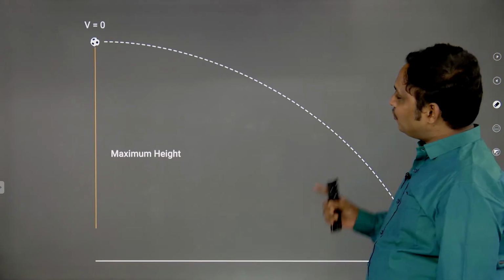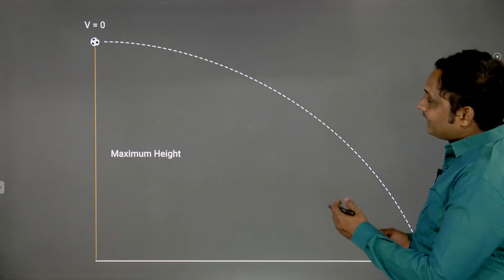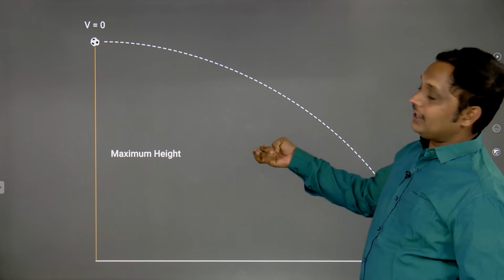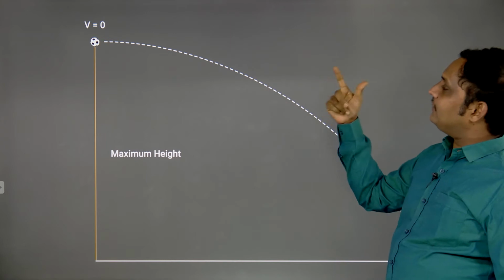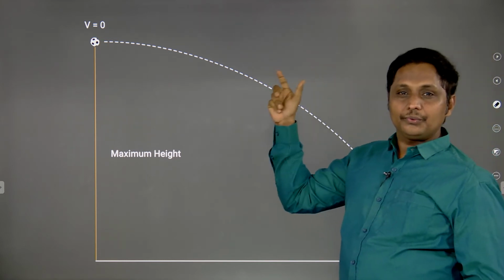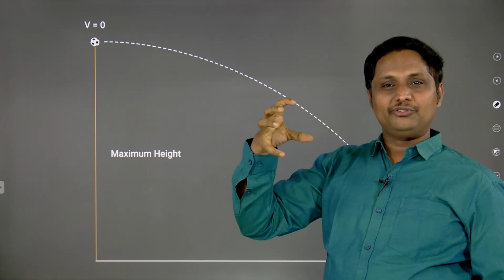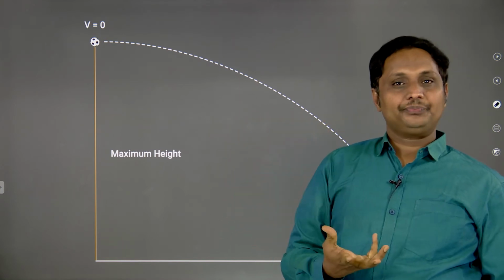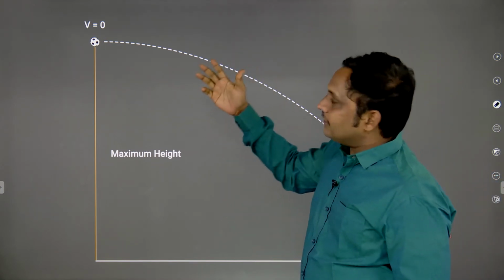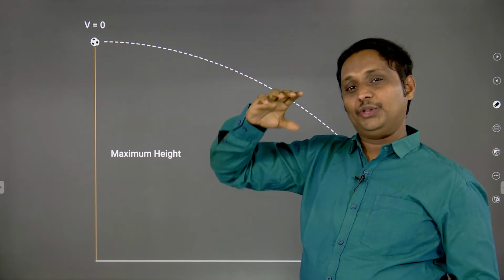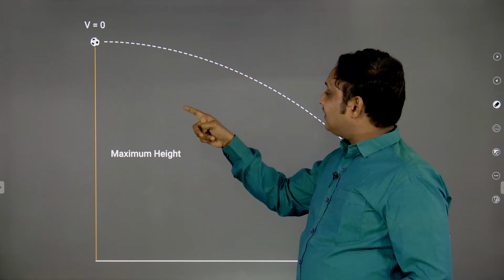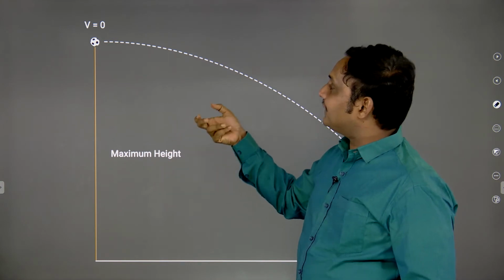If you are going to identify the maximum height reached by a body, it is defined where the final velocity of the body is going to be 0. In its path, at a particular point, its final velocity is going to be 0. Then it is known as the maximum height reached by a body.